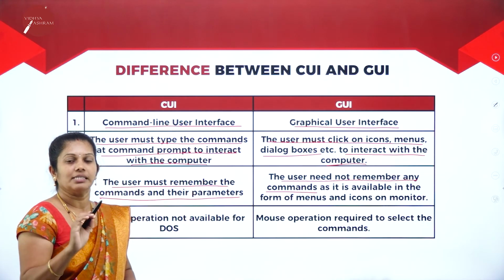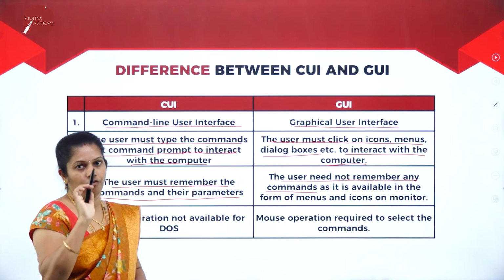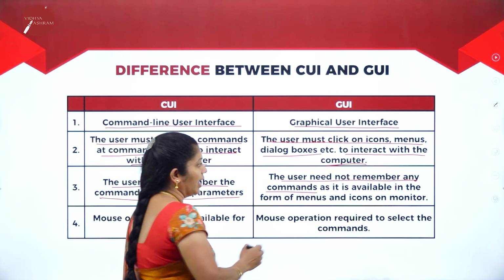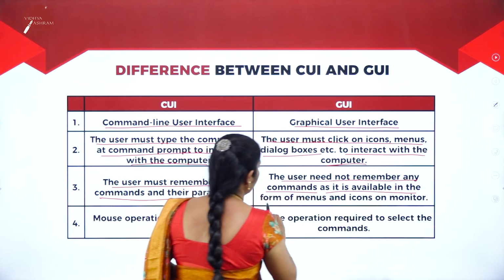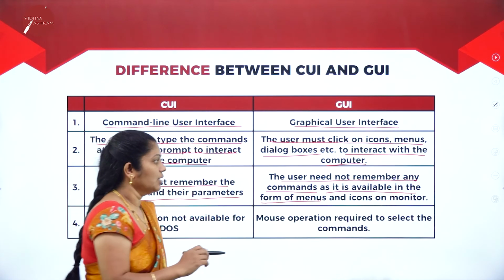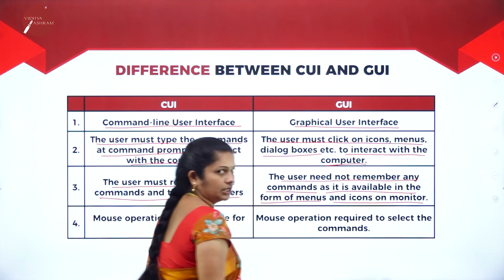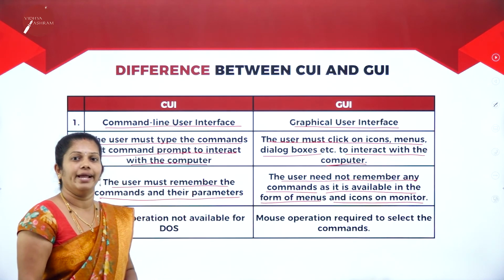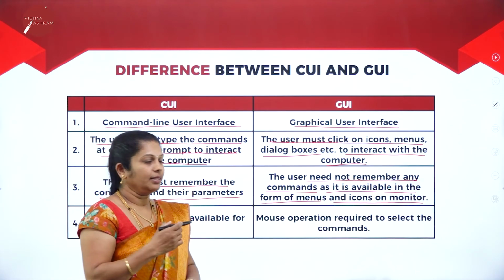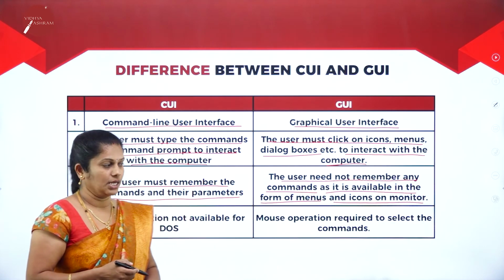We have icons, symbols, dialog boxes. If you click on them, particular operations will be performed, as they are available in the form of menus and icons on the monitor screen. That's why it is easy to process.